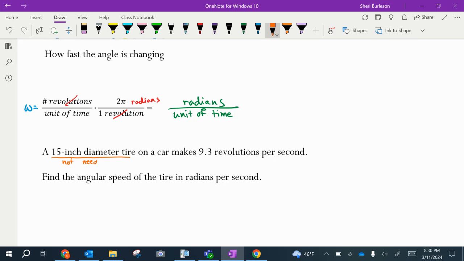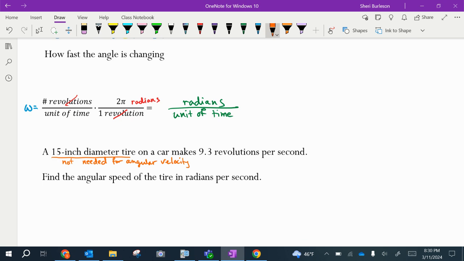It doesn't matter how large the diameter or the radius of that tire is. That's not going to affect how quickly it is rotating. But you will often be given information about the tire, so it's important to recognize what information we need and what information we do not need.